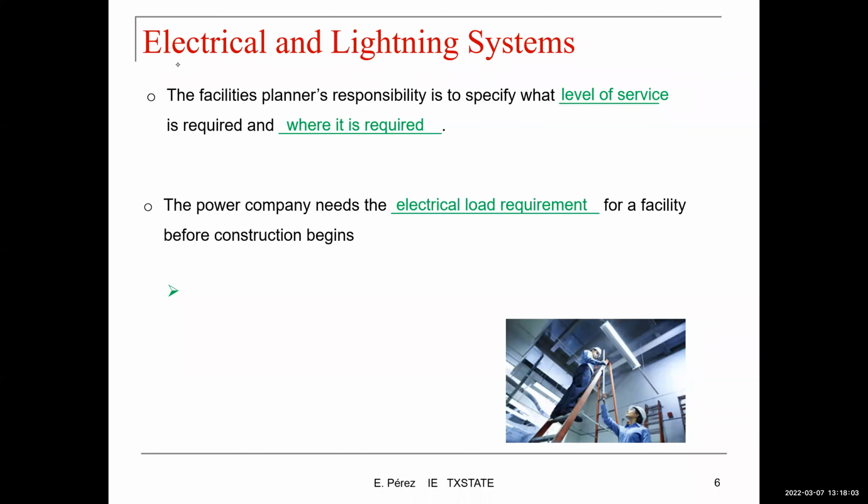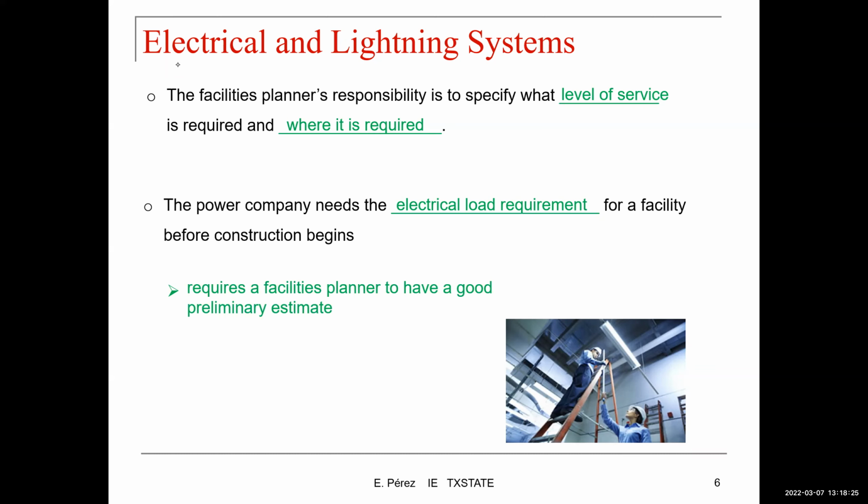The power company needs the electrical load requirement for a facility before construction begins. So that's another important part. How much power are you going to need? So we're going to have a preliminary estimate.